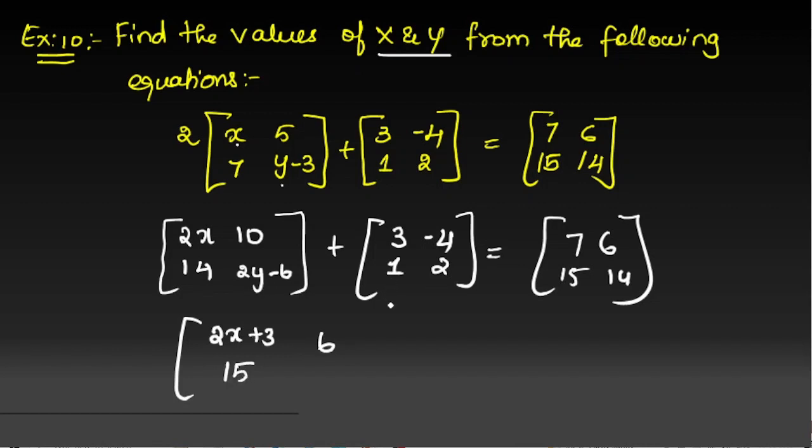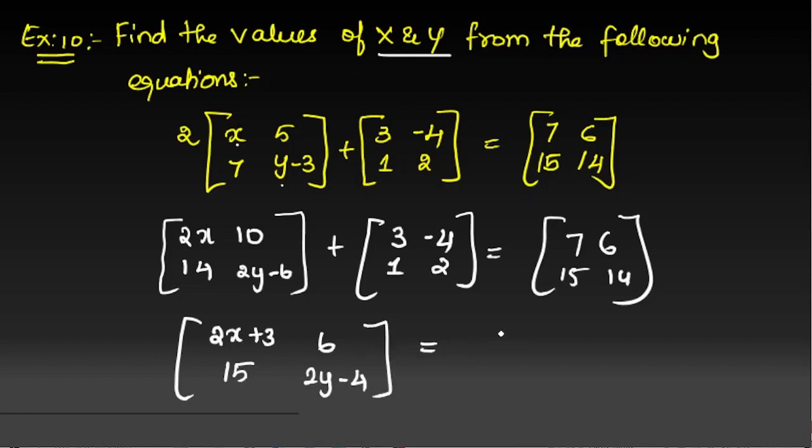Then 2y minus 6 plus 2. So minus 6 plus 2, that is what you have to do, right? So minus 6 plus 2 is going to be 2y minus 4. 2y minus 4. Clear? So after adding you will get these values.